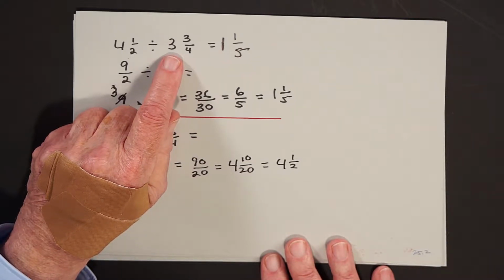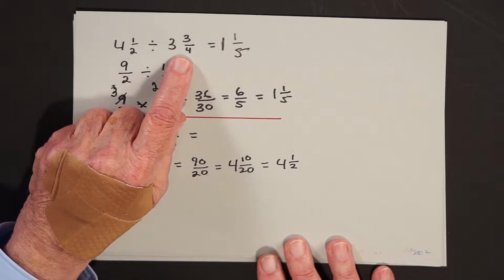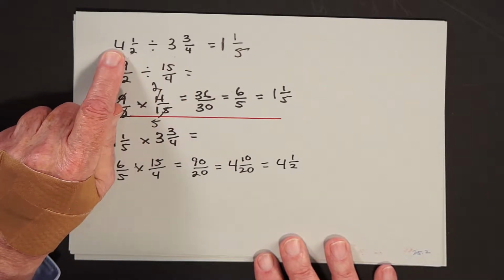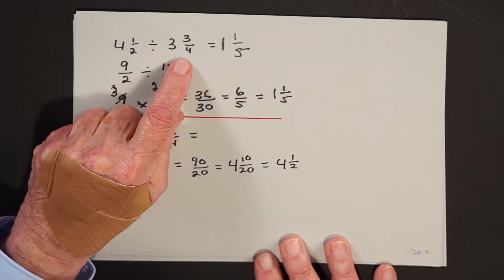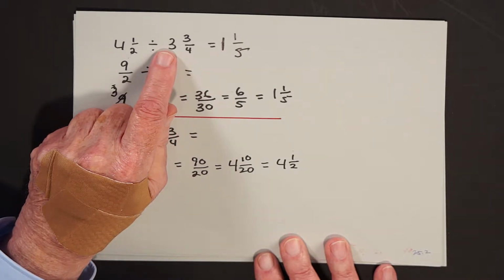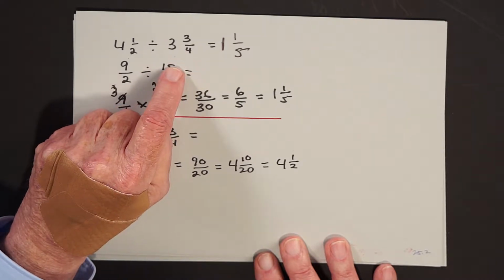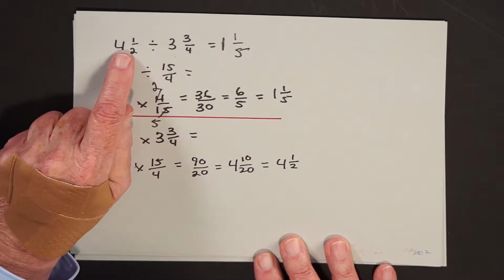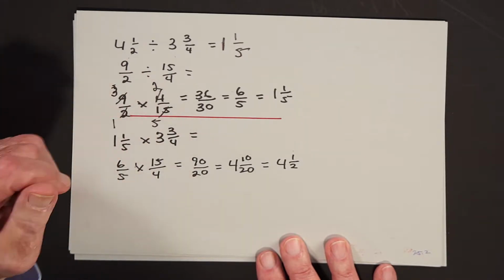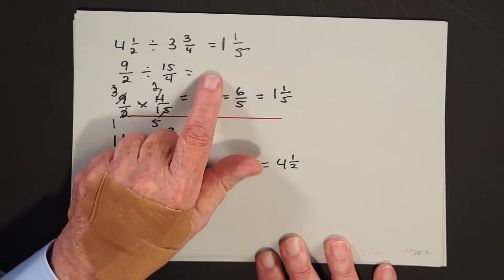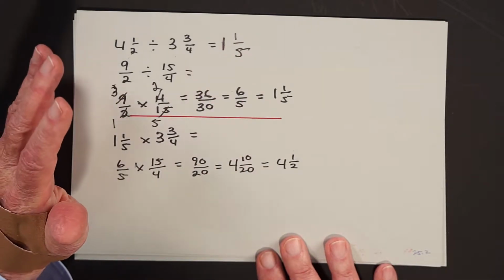We know that if we multiply 3 3/4 by 1, we're going to get 3 3/4, which is less than 4 1/2. If we multiply it by 2, we're going to get a big number because 2 times 3 is already 6. So the answer we're looking for is between 1 and 2, and 3 3/4 is a lot closer to 4 1/2 than it is to 6 something or 7 something. So we kind of get the feeling that at least 1 1/5 is a reasonable answer.